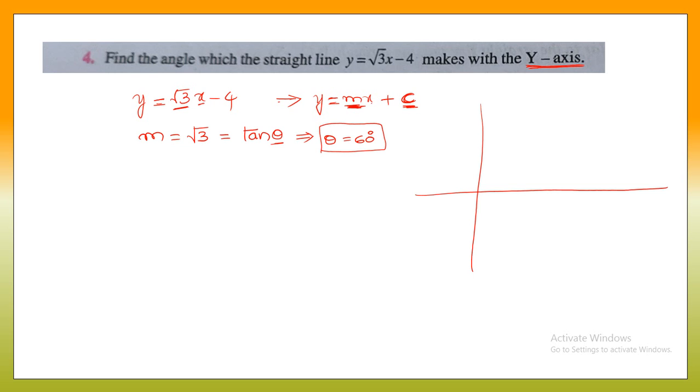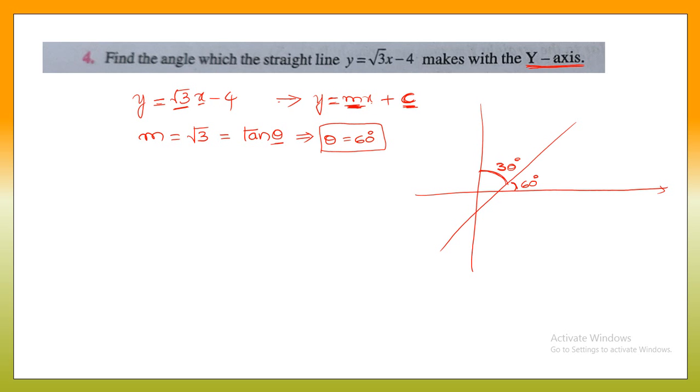Suppose this is my line, which is making 60 degrees with the positive direction of the x-axis. If it is making 60 degrees with the positive direction of the x-axis, then the remaining angle, this angle, will be 30 degrees, right? So with respect to the y-axis, how much angle is it making? It is making a 30 degree angle, because with the x-axis it is making 60 degrees.